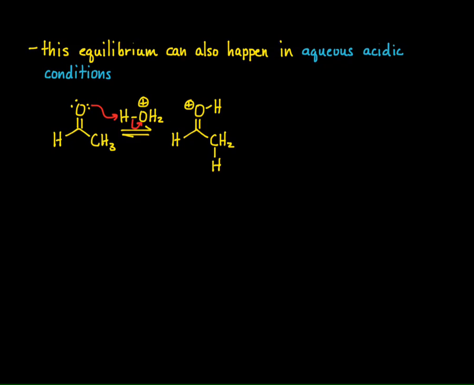So I'm showing that protonated version of the oxygen, and now what's happening is that the carbonyl is withdrawing more electron density away from the alpha carbon, increasing the acidity of the hydrogen. So I can use water now to remove that acidic alpha hydrogen, and I form the enol.